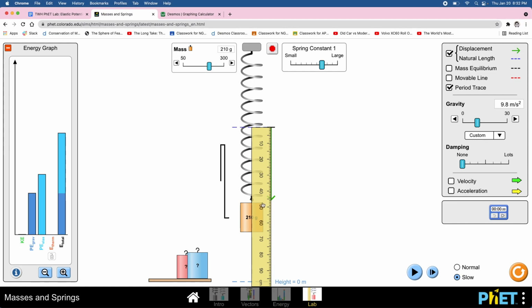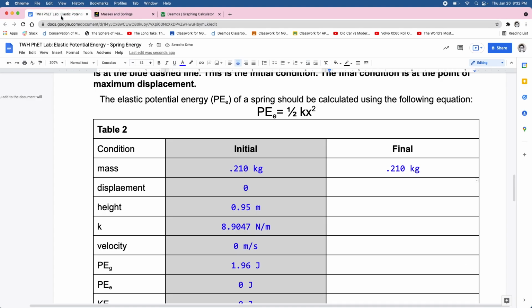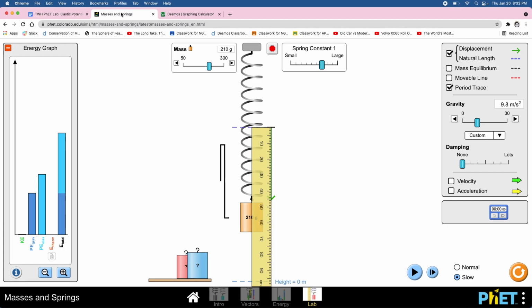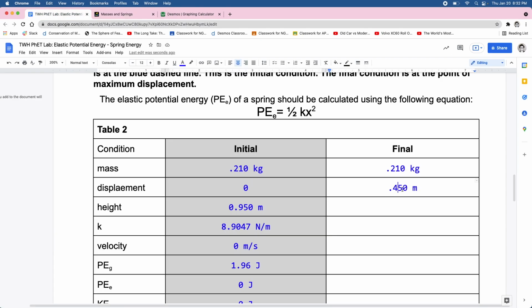So my displacement is 45 centimeters, 45.0 centimeters, or 0.450 meters. Wait, that's not right. It's 46 centimeters, 46.0 centimeters, so 0.46 meters.